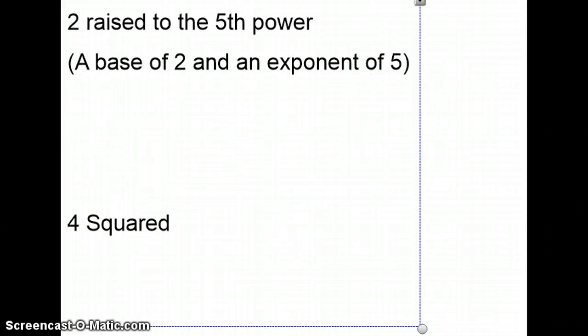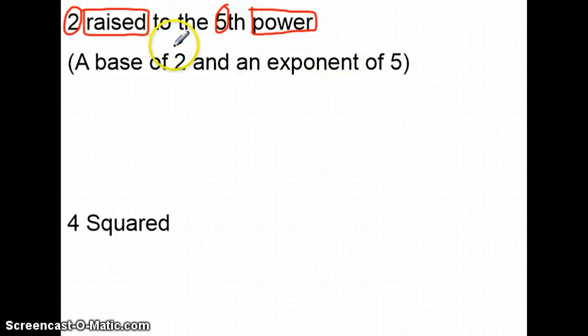Okay, let's look at these examples. So let me just turn up the red. 2 raised to the 5th power. That means our base is 2 and our exponent, because we're raising it to a power, is 5.